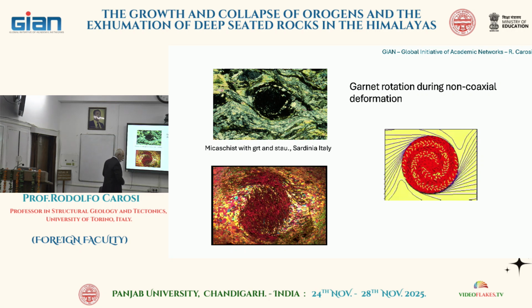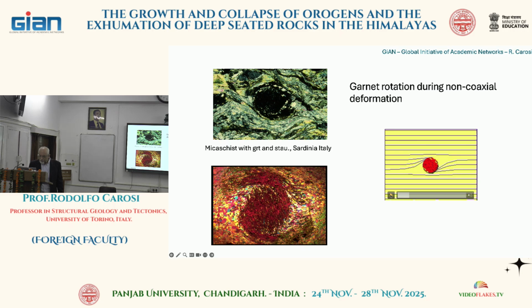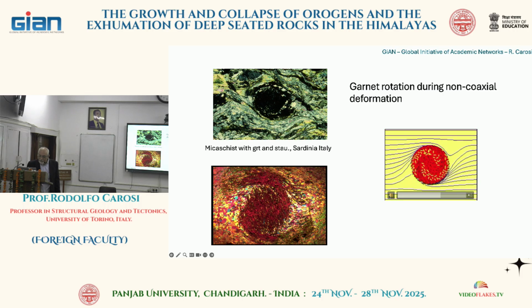You can start the growth of the garnet and the rotation because you are in a condition of simple shear or non-coaxial deformation. So the garnet growth includes the foliation, rotates, and then the growth increases and the garnet becomes larger and larger. At the end, it depends on the amount of rotation.